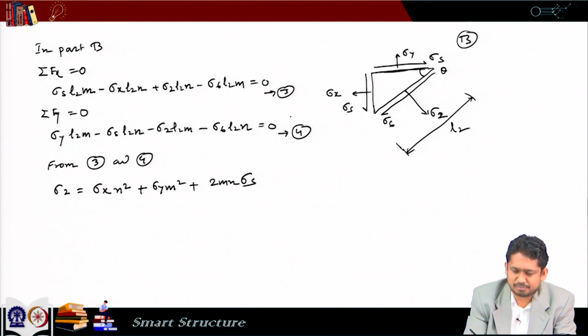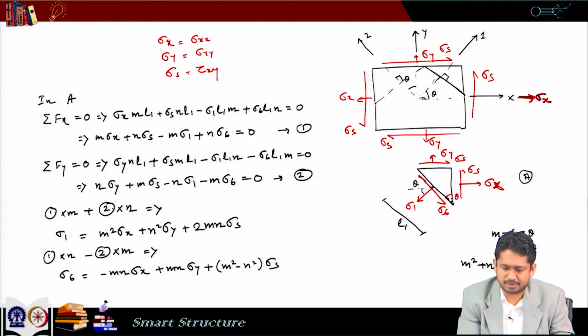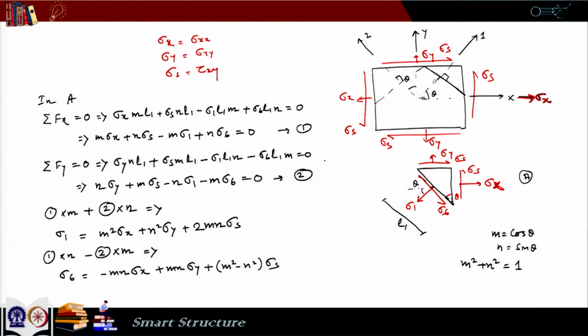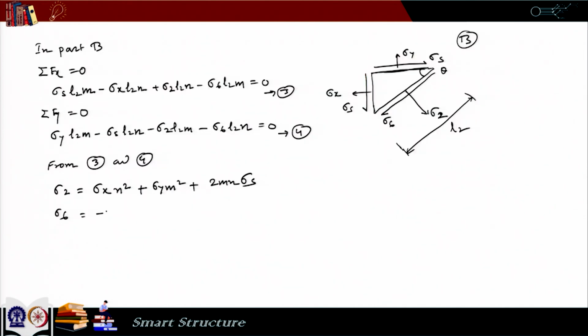And from this, by solving these two, we get sigma 6 once again, and this sigma 6 should be what we got from here. So, from this part, from equation 1 and 2, by solving whatever sigma 6 we got, same thing we should get here also.